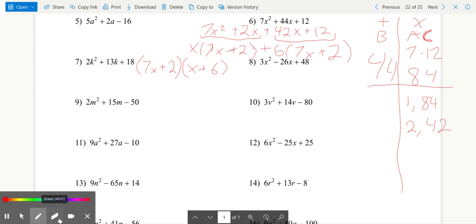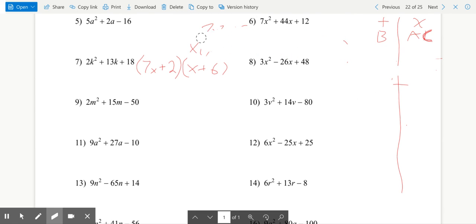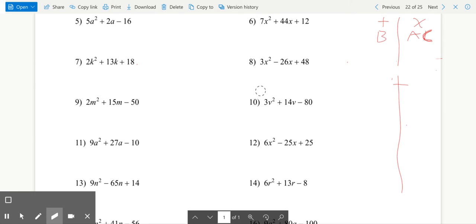All right, so going on from that, let's do number 8. So I'm going to go ahead and erase. So again, we're looking for something that multiplies to 3 times 48, right?